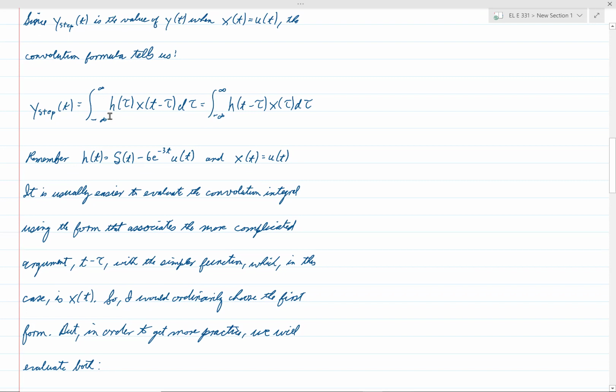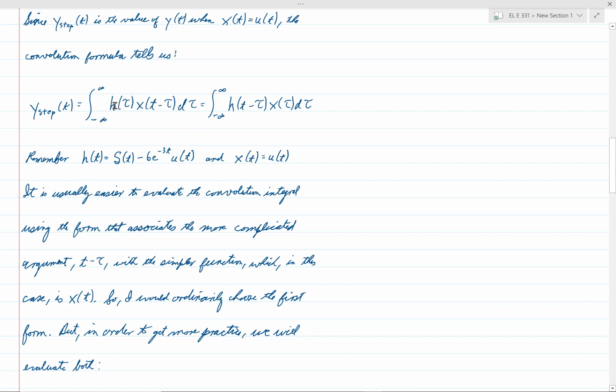Now, we said that both of these convolution formulas would work. They should give us the same answer. So which one should we choose? Well, here's a rule that I think is the easiest, and we'll look at more cases in the future. I think it's easier to evaluate the convolution if you associate the more complicated argument, which is t minus tau, with the simpler function.